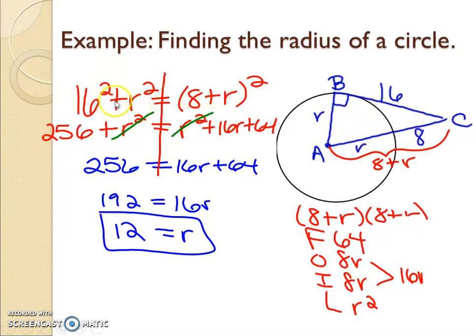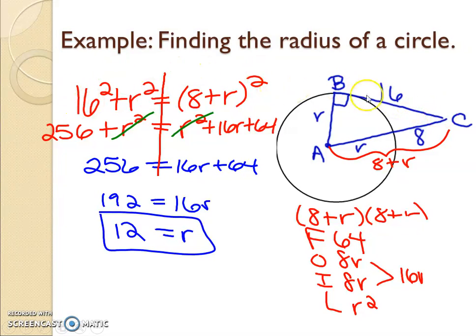We're going to use the Pythagorean theorem because this is a right triangle. The tangent line at the point of tangency is always perpendicular to the radius, so the tangent line makes 90. Across from 90, this A and C, this line is your hypotenuse. Hypotenuse is always across from the 90-degree angle. So this is going to be your hypotenuse, this is going to be your leg, and this is another leg.